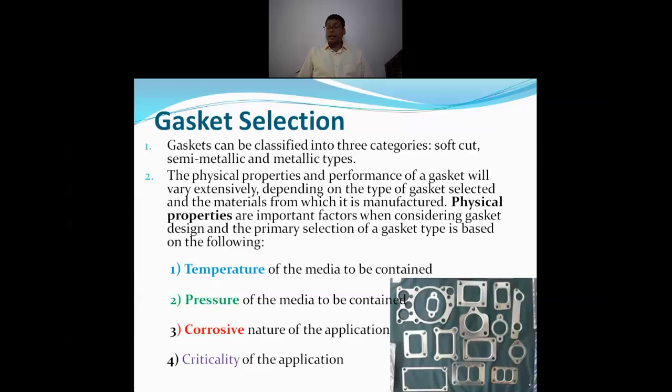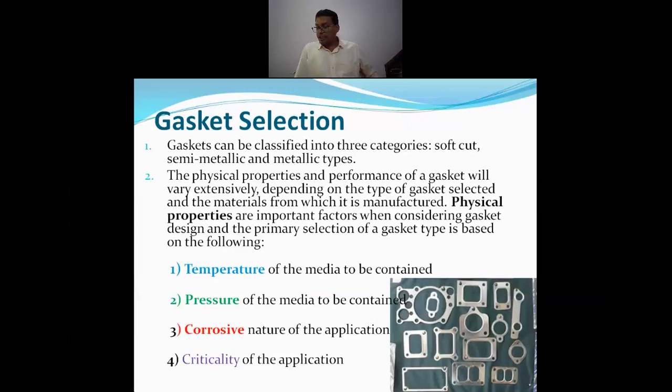Depending on the temperature, pressure, corrosive nature and criticality of the process fluid, it decides the type of gasket or the material of the gasket that is to be selected. So its physical properties are important.